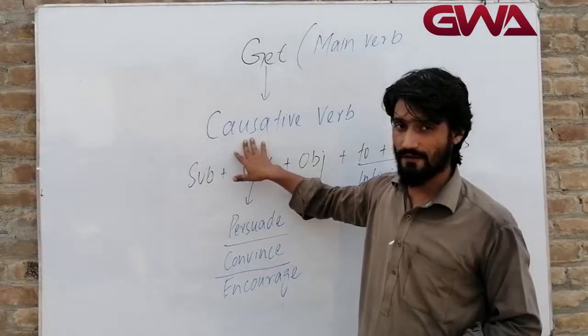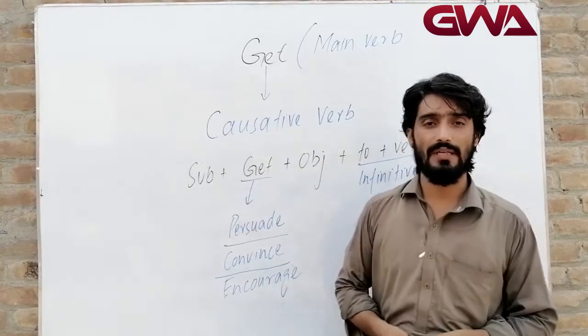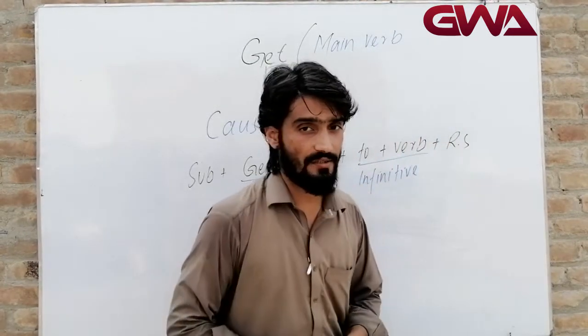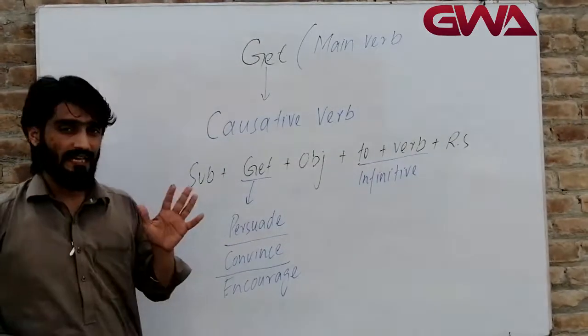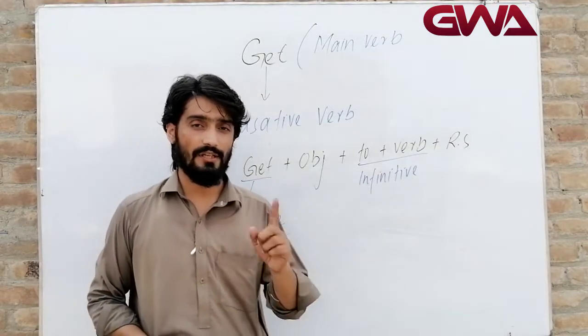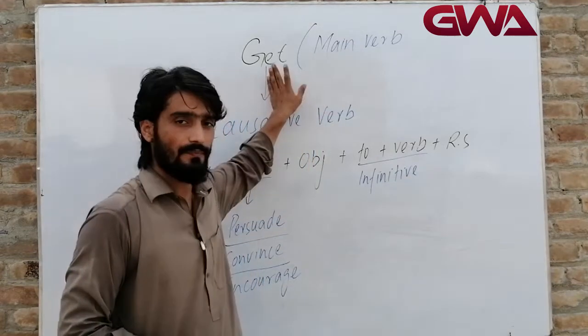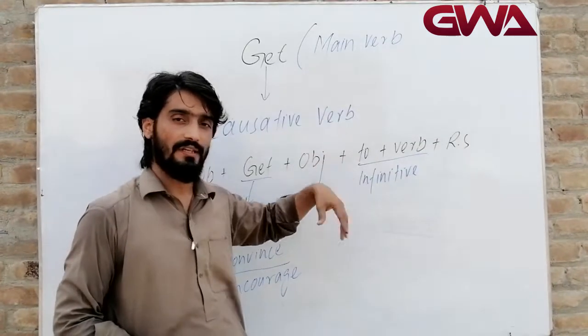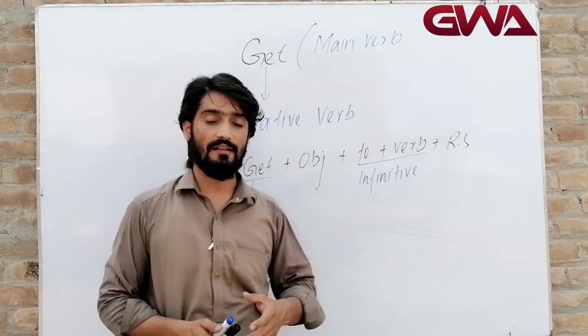As a causative verb, now we are going to use the verb get as a causative verb. We have 5 causative verbs, but today we are going to study one of them, get. We will study all of them again in another video.